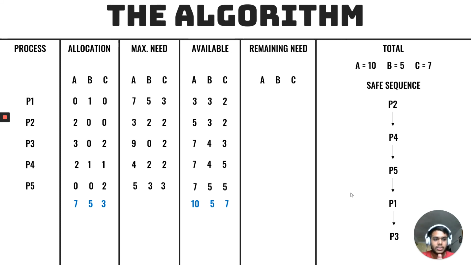At the end we have the safe sequence P2, P4, P5, P1, and P3. And the total available space after executing all the processes is 10, 5, and 7, which is exactly the same as the total amount we had in the beginning, 10, 5, and 7.